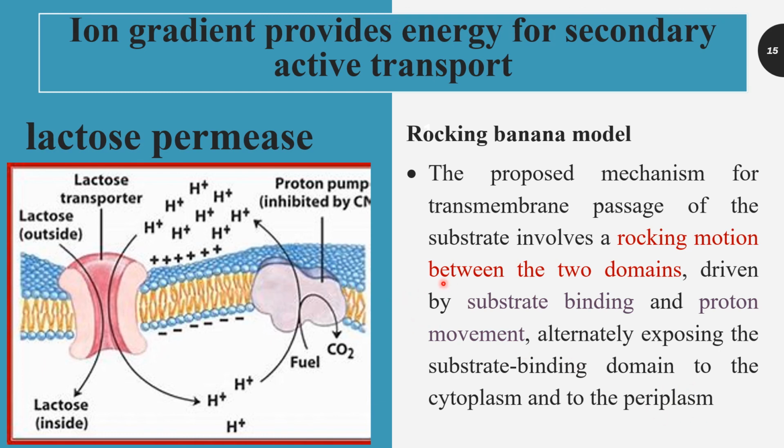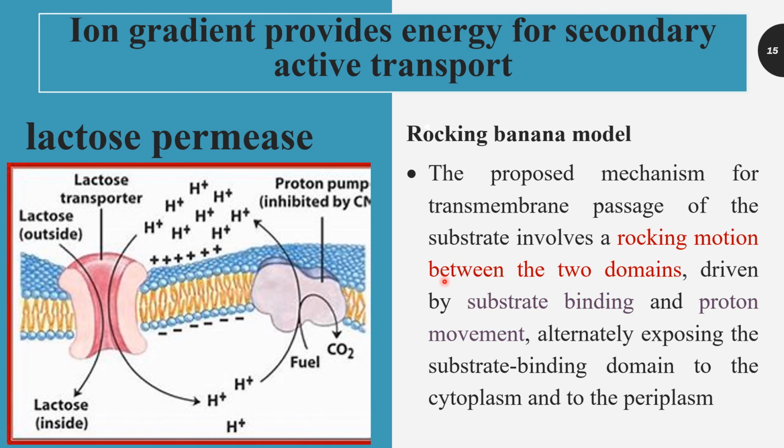Once it opens to the periplasm, and the next time it opens to the cytoplasm. When it is open to the periplasm, the lactose will enter into the cavity, then it will close from the periplasmic side and the lactose will be released into the cytoplasm. Therefore it is called rocking banana. You can also practice it: this is one banana, this is the other banana.